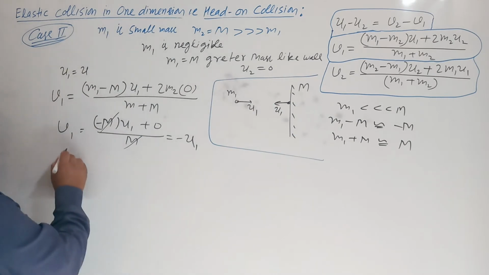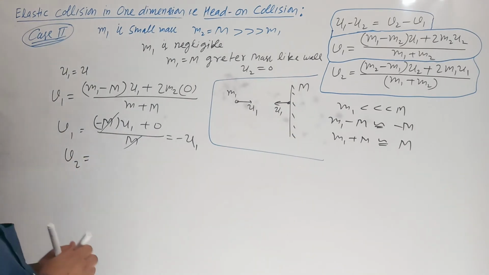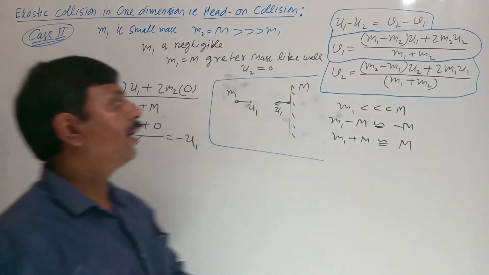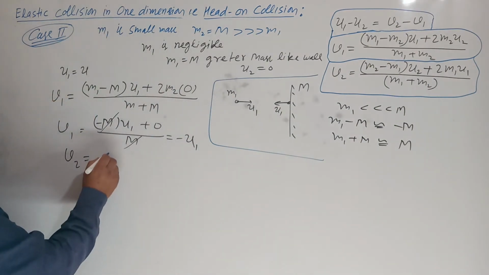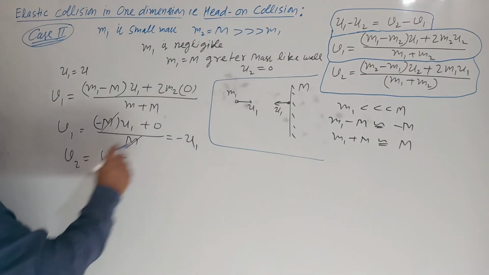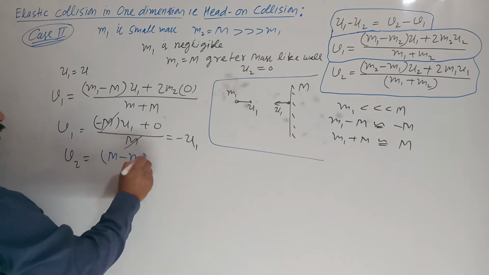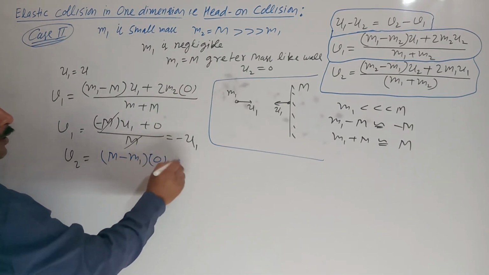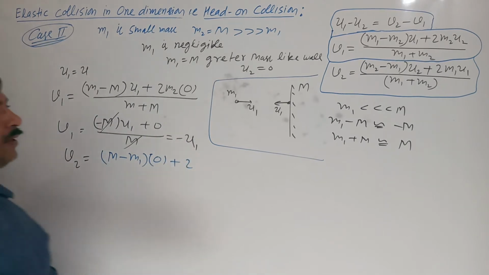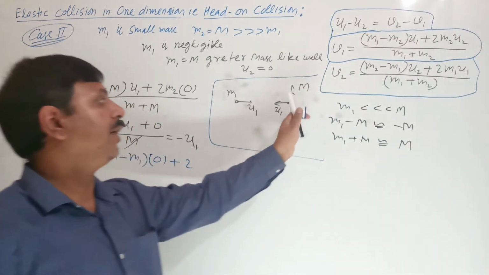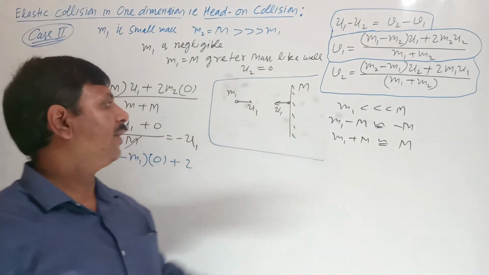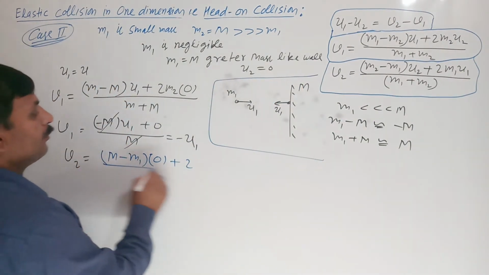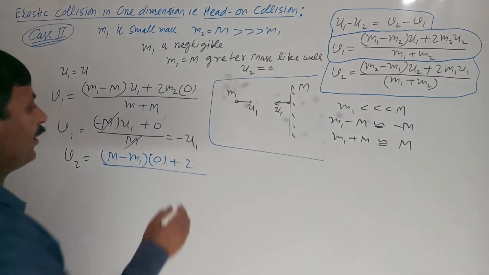And v2, you can see, v2 is equal to what? If you put here, M2 means M minus m1, u2 is 0, plus 2m1 u1. The wall is stationary, so the velocity v2 is almost negligible, that is 0.